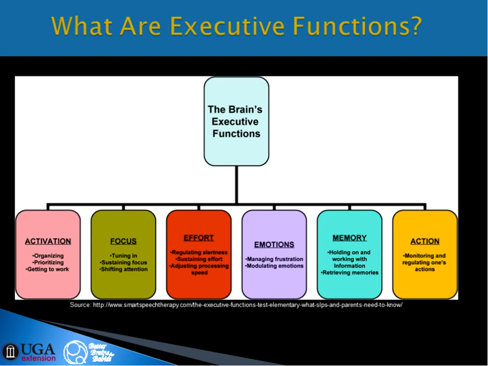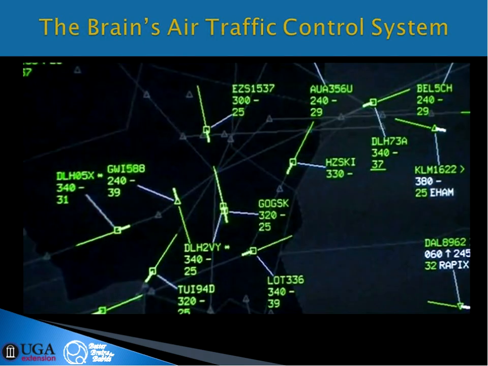So if you think about how complicated these are, all of these are the kinds of things that we're talking about. And in some ways, we can think of executive function as the brain's air traffic control system. If you think about the job of a series of air traffic controllers managing our airspace, they have to juggle a lot of things.